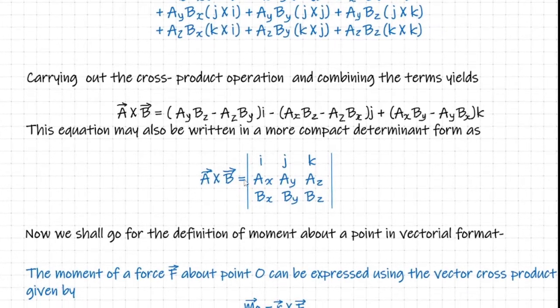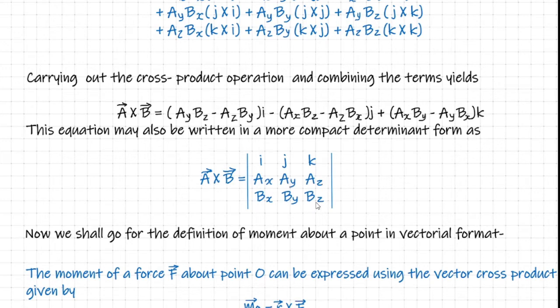That is, vector a cross vector b can be easily evaluated in a determinant format. We just write down a determinant, and the first row will be occupied by the unit vectors i, j, k. The second row will be occupied by the components of the first vector, vector a, that is ax, ay and az.